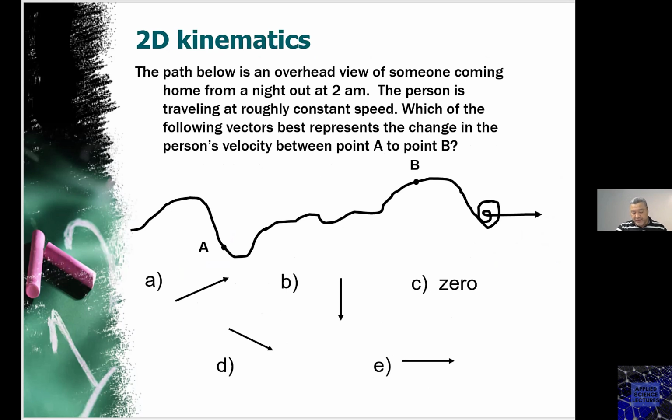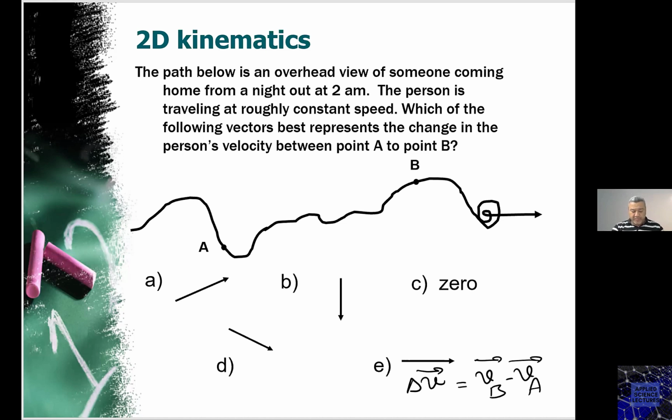So what I'm after is the change in the velocity, which means the velocity of the final destination minus the velocity of the initial. So in this case, I'm looking for VB minus VA. Is that right?